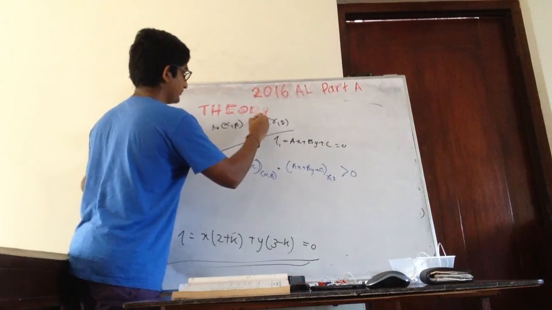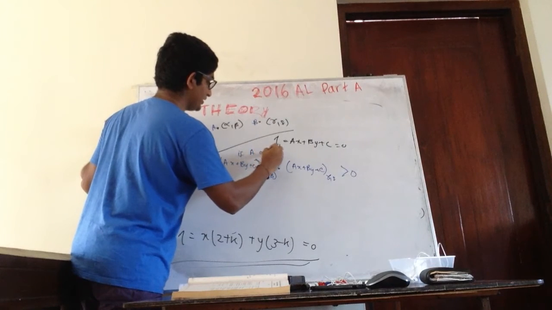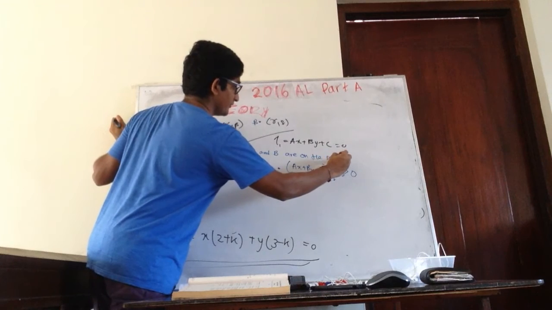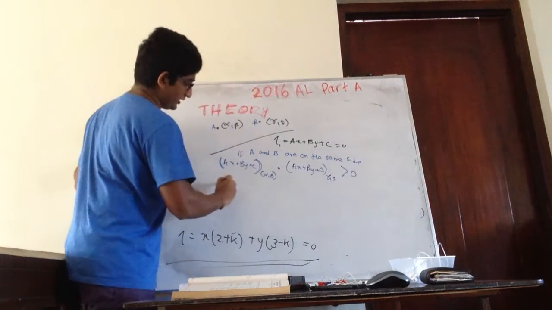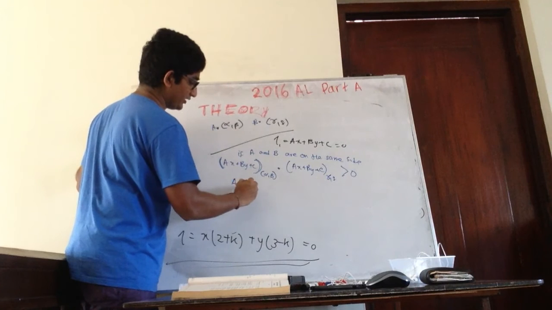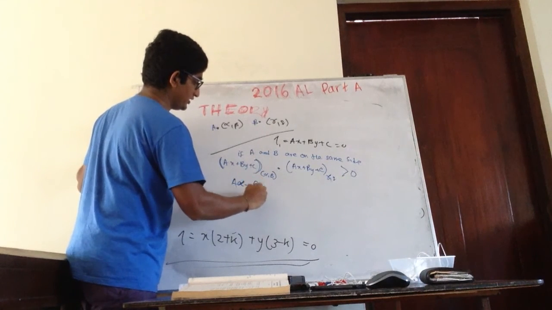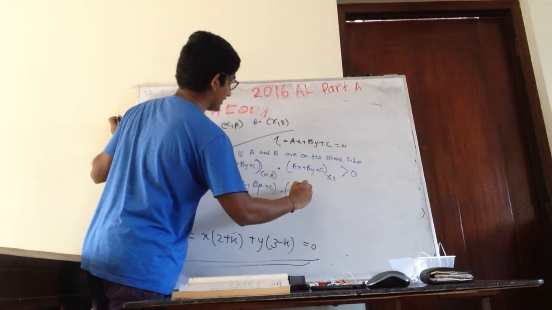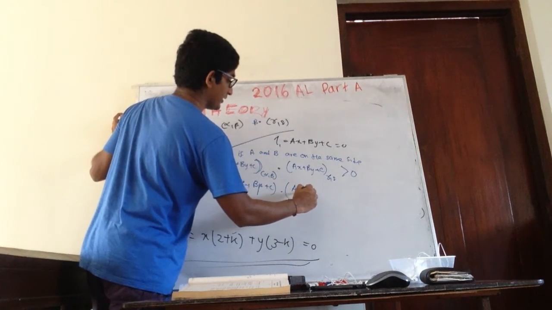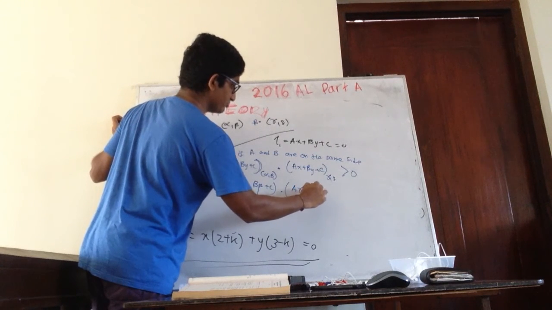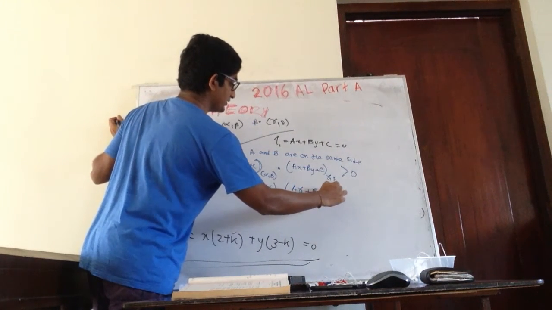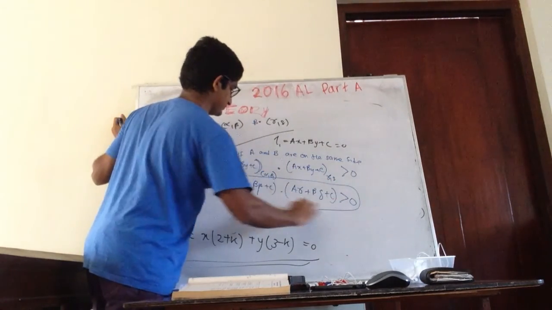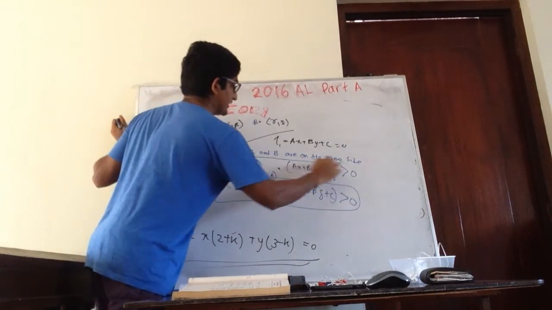if I name these as A and B, if A and B are on the same side. So what I mean here is, a alpha plus b beta plus c, into a gamma plus b delta plus c, will be greater than 0 if this is there.